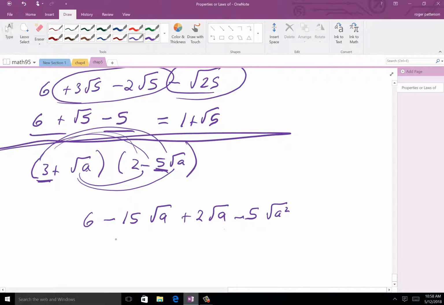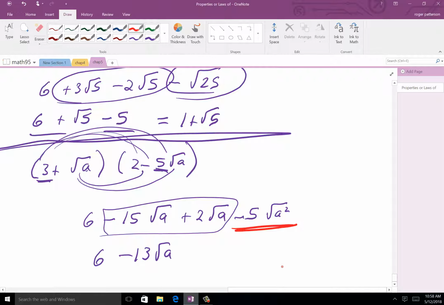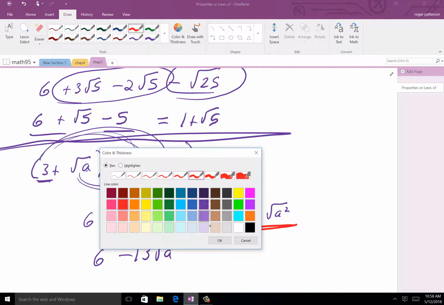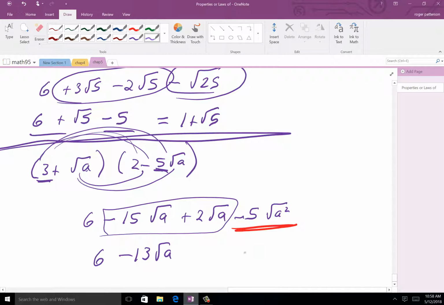And now I'm going to simplify this. So what is this all going to combine to on the inside? What do we get there? Negative 15. Negative 13 square roots of a. This, okay, this, I get a negative 5. But what is this going to change to? a.